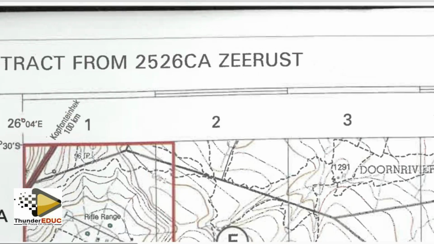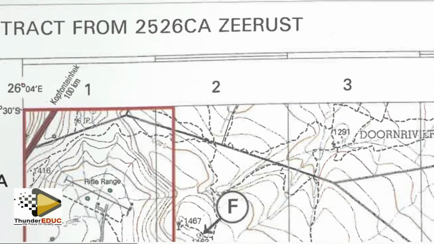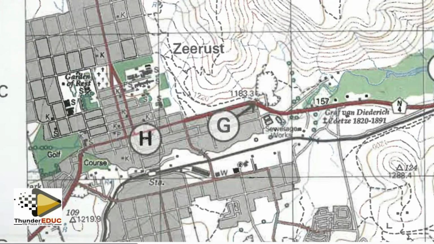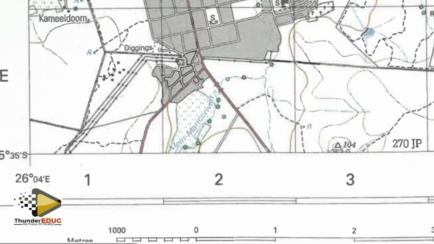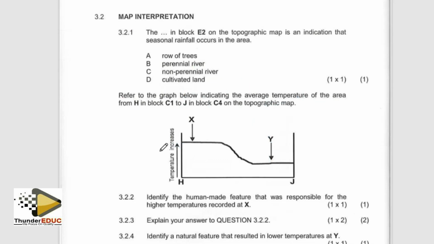We have the topographic map here. Therefore, when you look at this topographic map, we go to E2. E2 is here.